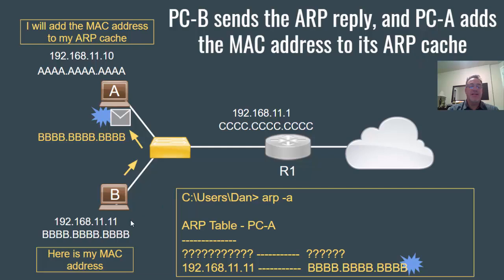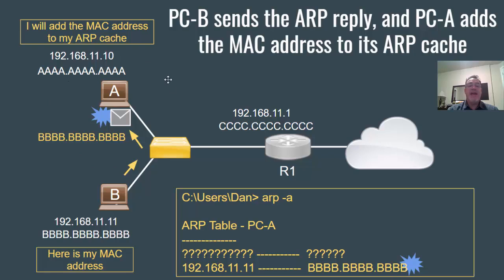Let's take a look at this. PCB says, here's my MAC address, puts its MAC address in the ARP reply, sends it back to PCA, and PCA will add that MAC address to its ARP cache. Now if we look at PCA's ARP cache down here, you can see that it now has an entry: 192.168.11.11 is at MAC address all Bs.